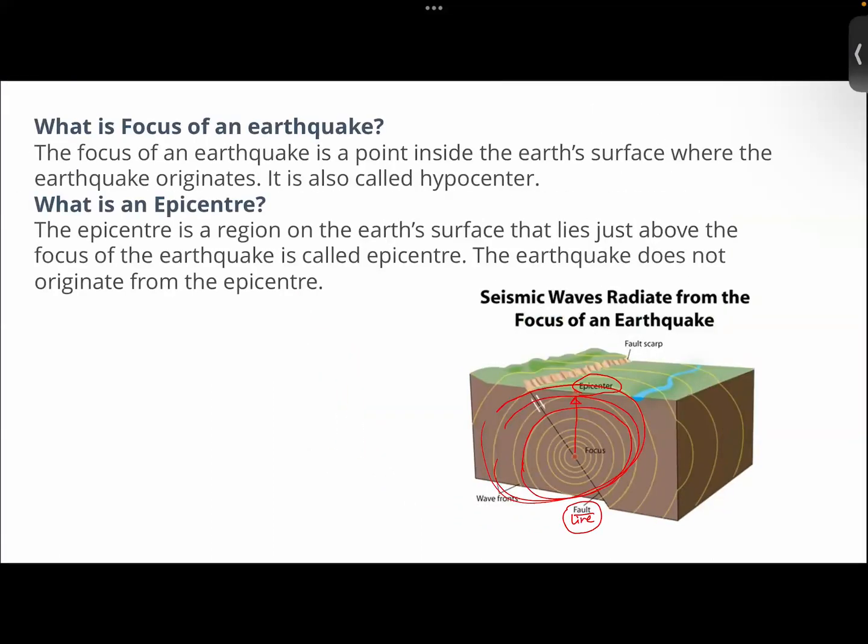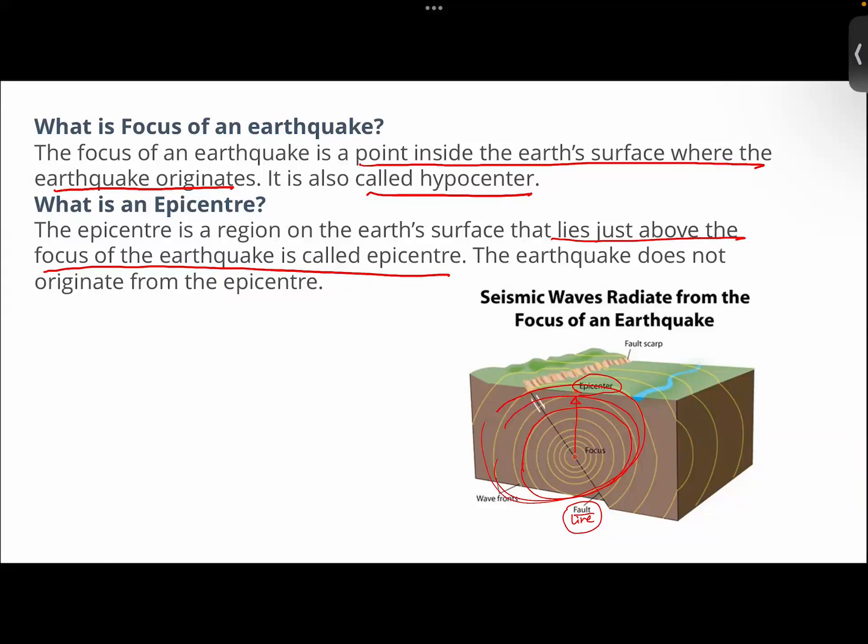So the focus of an earthquake, as we saw, is a point inside the earth's surface where the earthquake originates. It is also called the hypocenter. And what about the epicenter? As I said, it lies just above the focus of the earthquake. Notice, don't get confused between focus and epicenter.